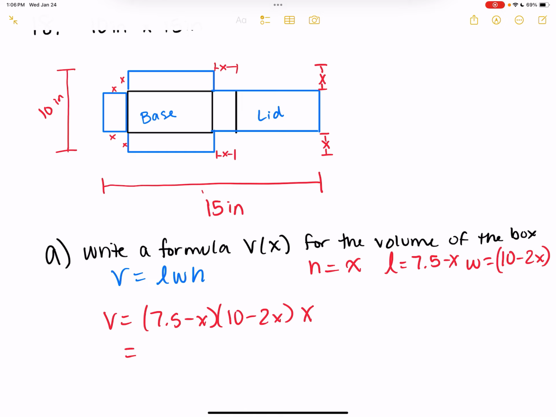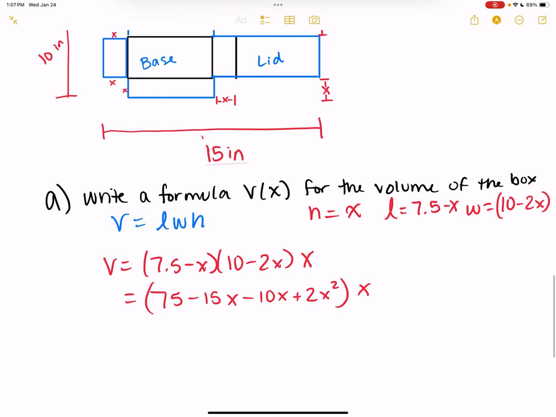So 75 minus 15x minus 10x plus 2x squared, all multiplied by x.